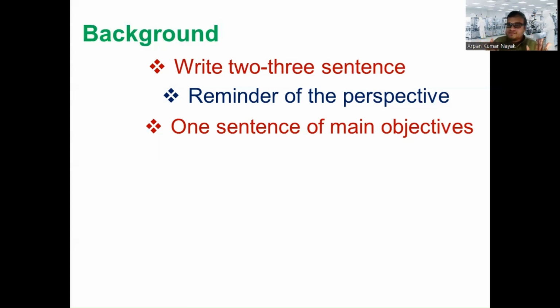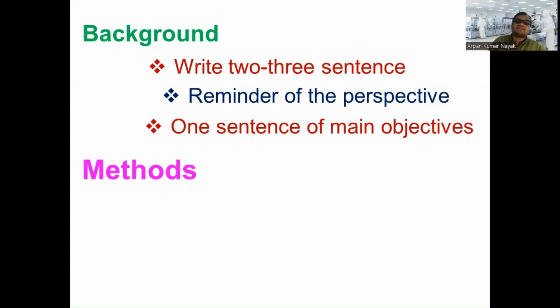So the first sentence reminds the context, and the second is your main objective, what you did. This is all about your background. That will be 2-3 sentences; 2 or 3 sentences is enough, based on your number of words.